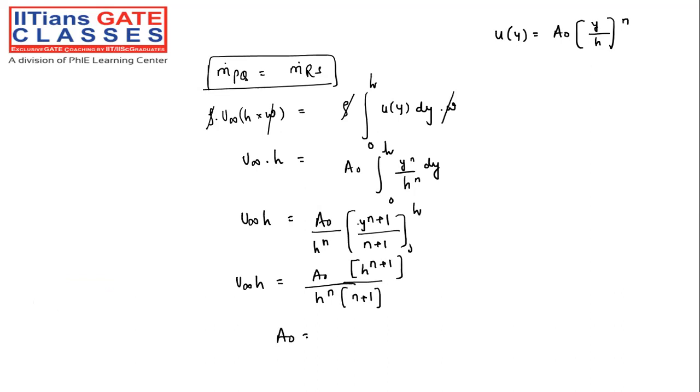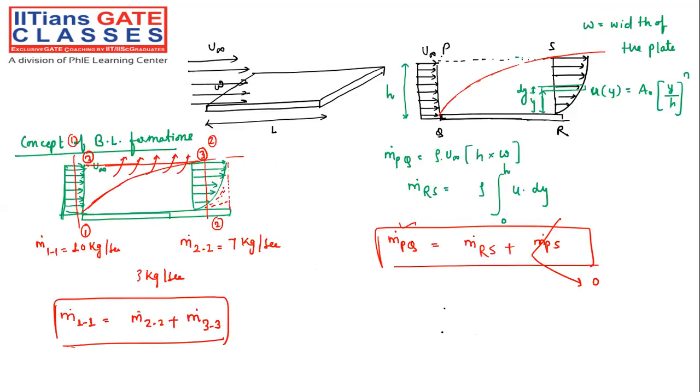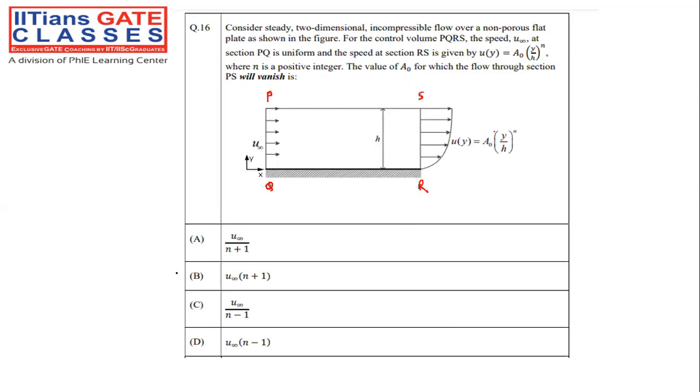So finally, what will be A naught? U infinity into n plus 1, because other things will cancel out. So these are the adjustments for this particular A naught, right? So this will be your final answer. Now, if you go through your options, option B will be correct, right? So that is the answer for question number 16.